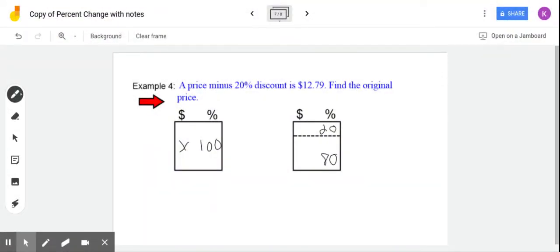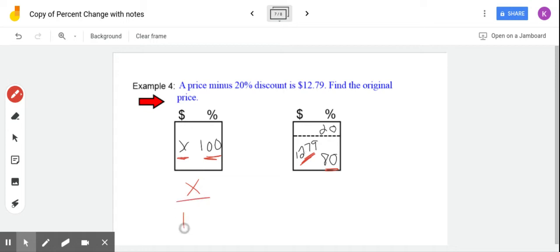I know that the discounted price is $12.79. So again, I have money percent, money percent.